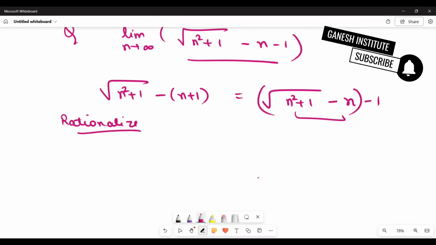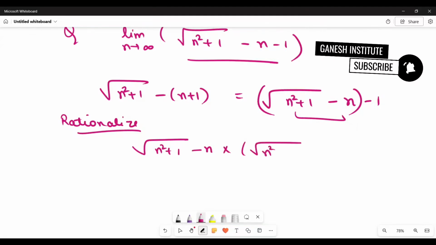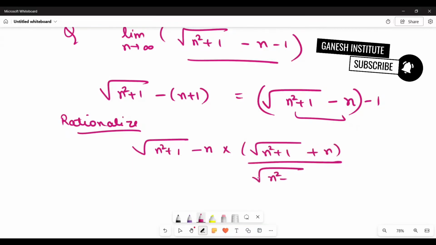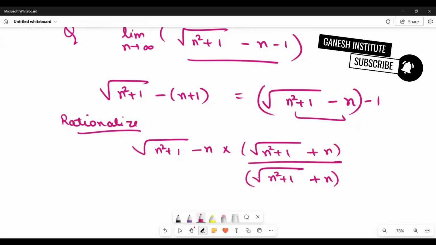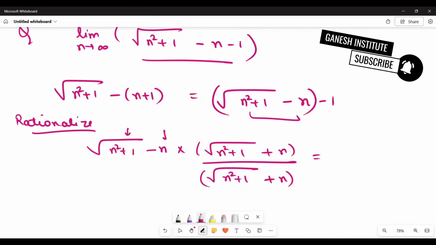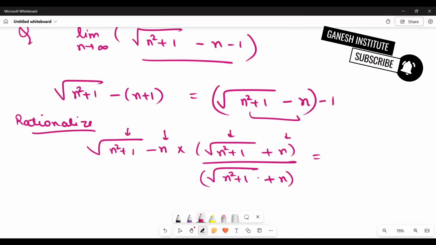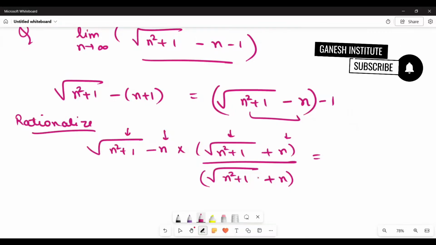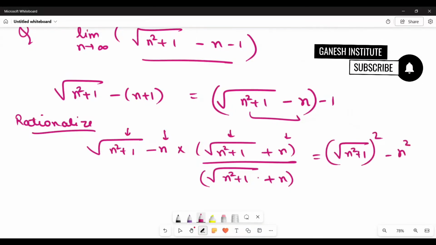So you multiply it by plus n, right? So this will give you what? It is a minus b, a plus b. The formula would be a square minus b square, which is this square minus n square, right?